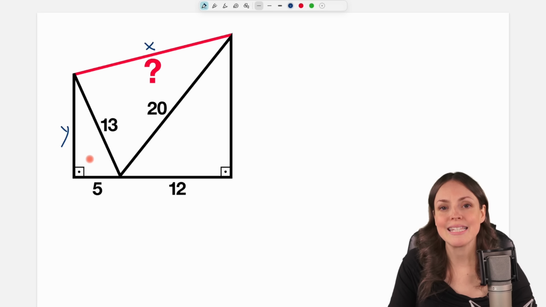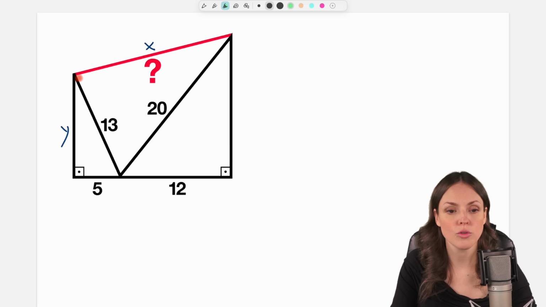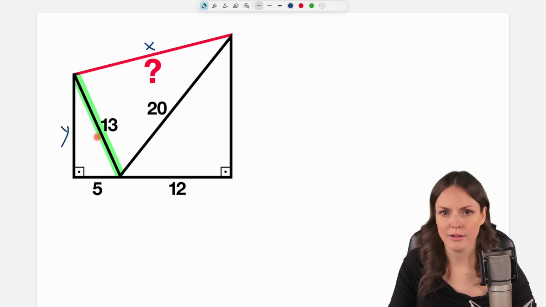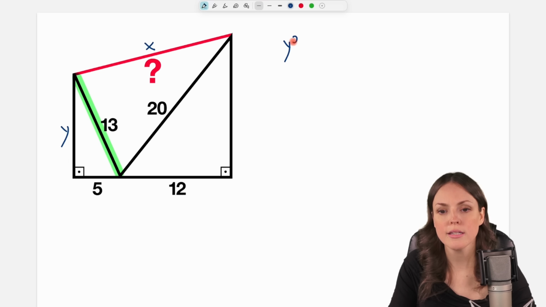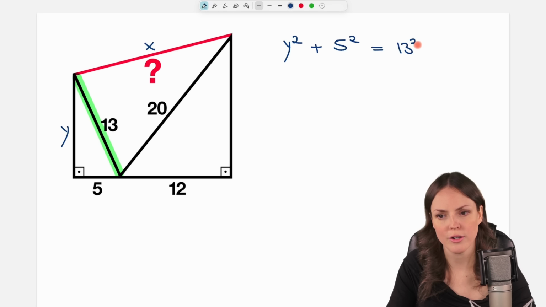That is always the side that lies across the right angle, so this is the hypotenuse. And the Pythagorean theorem then says, take one of your sides, the y, and square it, plus take the length of the other side and square it, so 5 squared, and then you get the hypotenuse squared, so 13 squared.